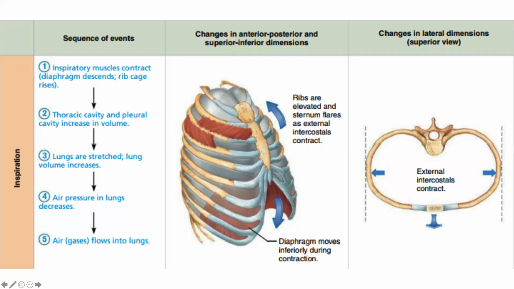If you look at this diagram, because of their pull, they pull the rib cage outwards, laterally and anteriorly.